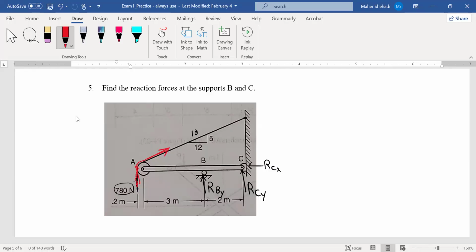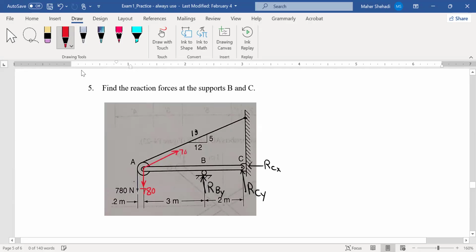What's the other one? I need to get rid of the pulley. So I can actually translate these two into the center without any changes, right? You remember that property? I can move the forces acting outside on the periphery into the center the same way, as parallel forces. So this would be 780 down, and this would be, if I draw slightly bigger, that 780 with a slope of 5, 12, 13.